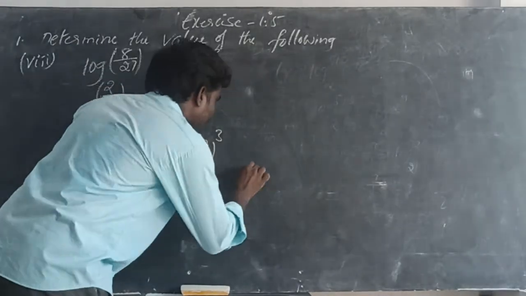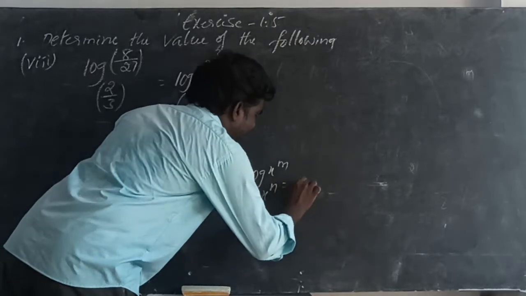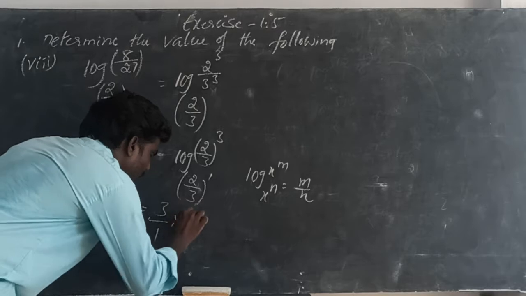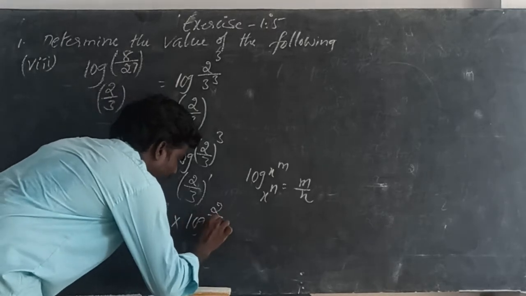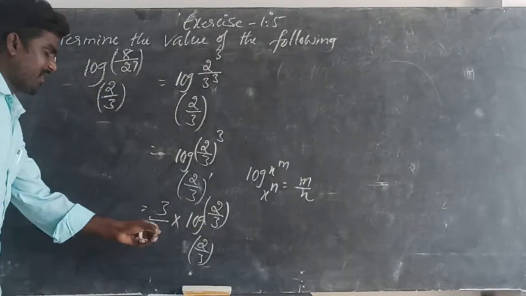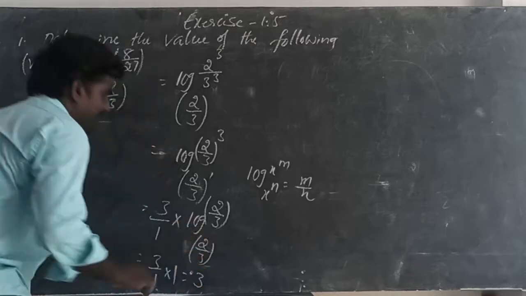Here we can use the formula log x power m base x power n is equal to m by n, which is equal to 3 by 1 into log 2 by 3 base 2 by 3. Log of any number with the same base, its value is 1. So 3 by 1 into 1 is equal to 3.